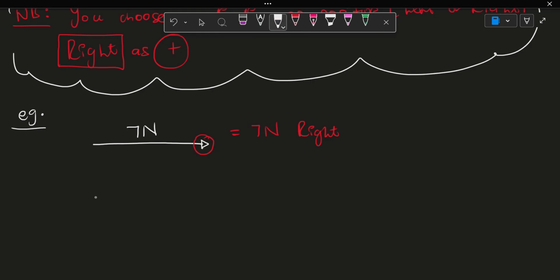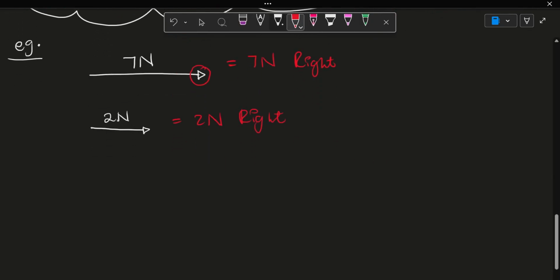Let's look at a second one, and let's say this is 2 newtons, and that would be 2 newtons to the right. And let's look at another one.